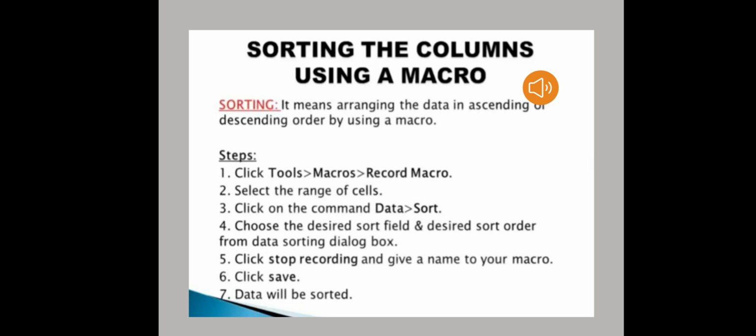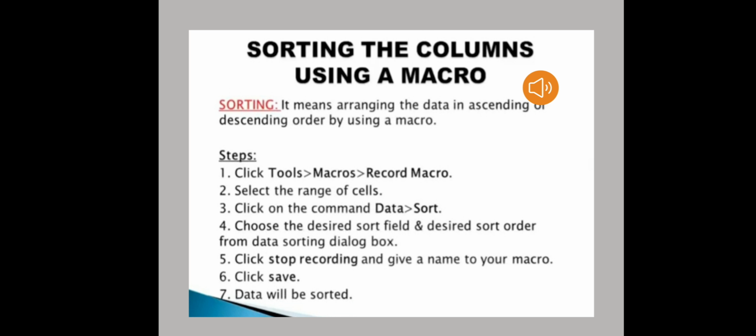What are the steps for sorting in a macro? Step 1: click Tools, Macros, Record Macro. Step 2: select the range of cells. Step 3: click on the command Data, then Sort.